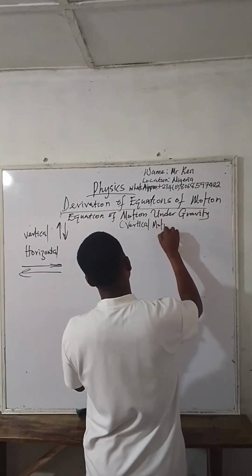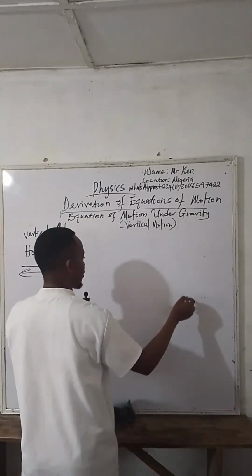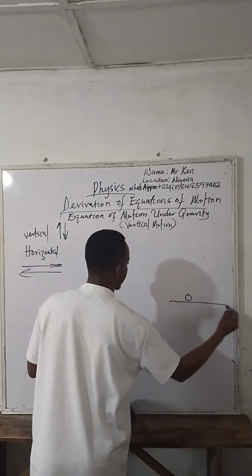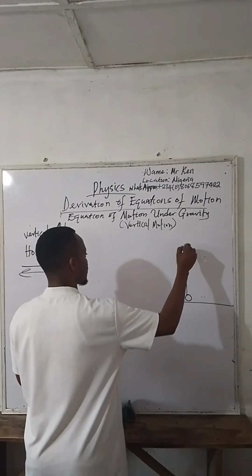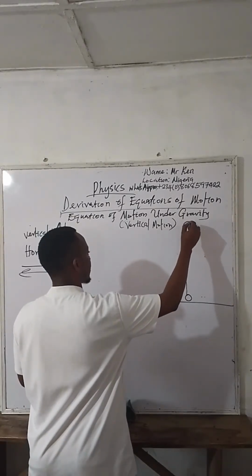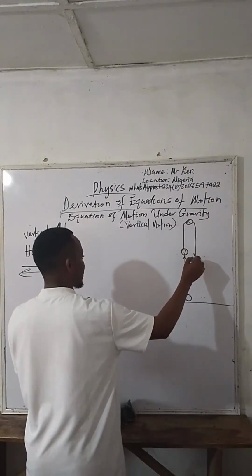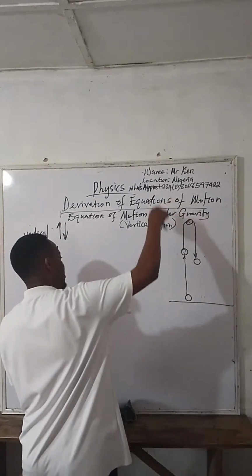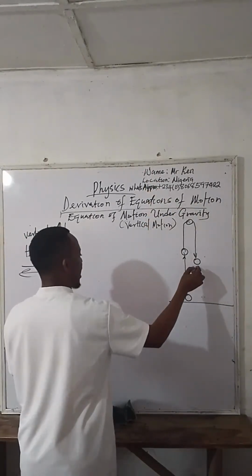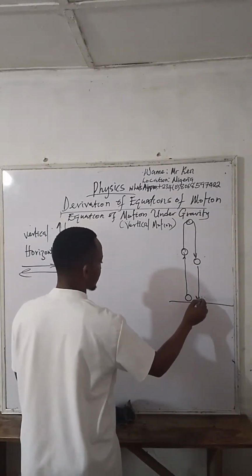So vertical motion is when you are throwing objects. You have an object, the object goes up, reaches a maximum height, and then starts falling. So velocity reduces as the object goes up, while velocity increases as the object comes down.